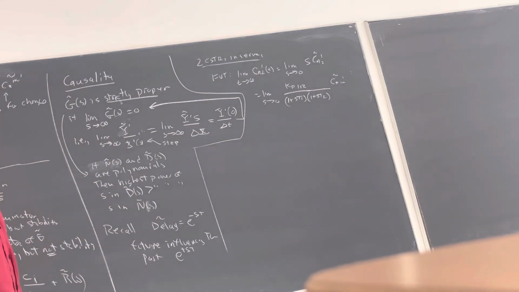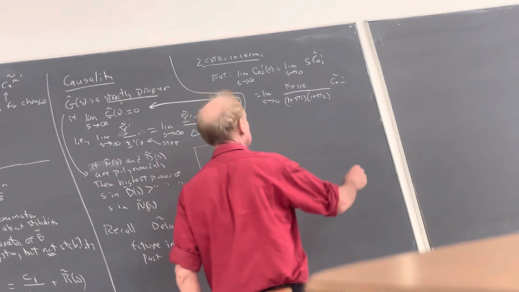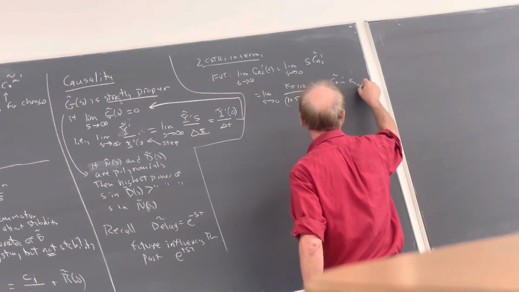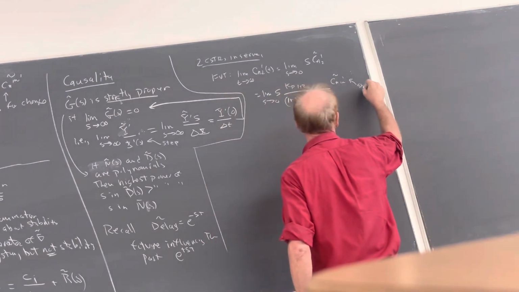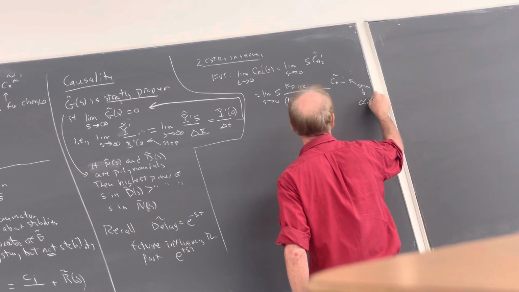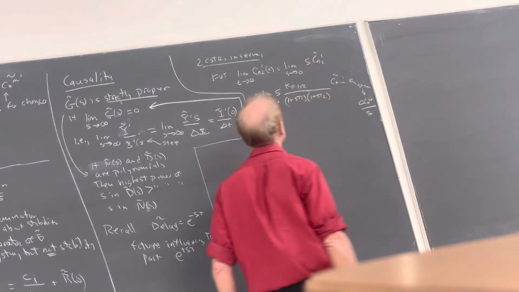And let's see what CA in prime tilde is. It depends on what we have there. If this is a step, and I have to multiply by S, then this is delta CA in divided by S.